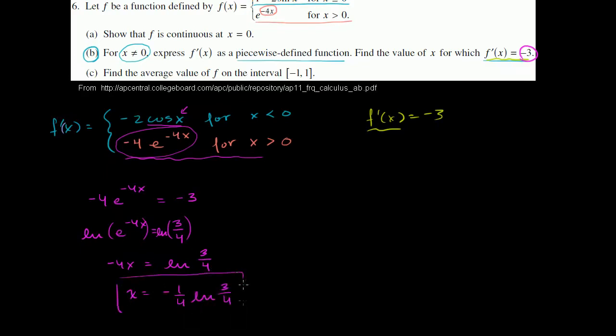What we need to do is verify that this x, since we used this case right over here, is greater than 0. We might be tempted, when we look at this, to say, wait, this looks like a negative number. But we have to remind ourselves that the natural log of 3/4, since 3/4 is less than 1, is going to be a negative number.